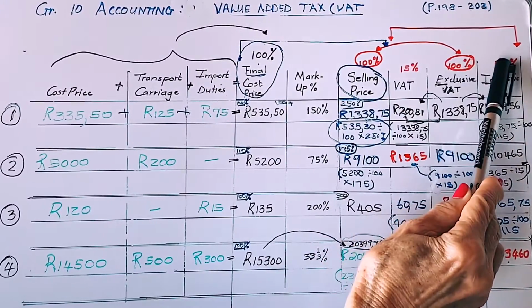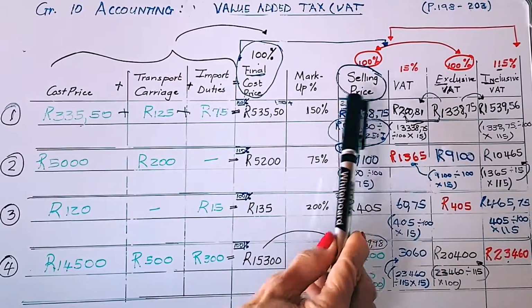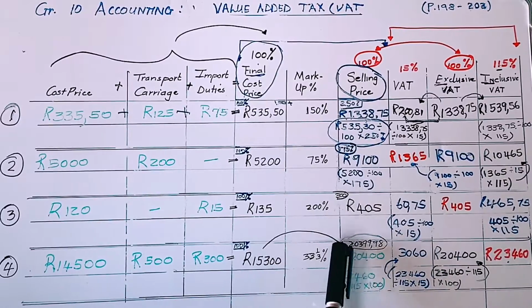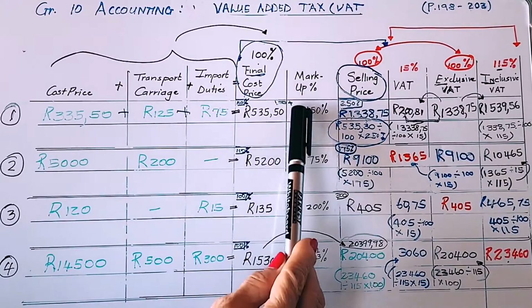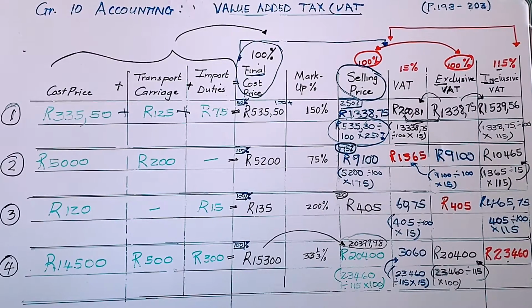I need you to see how the percentage values differ and how it changes every time when we deal with a different markup. So please play around with these things, draw your own lines and enter your own figures.